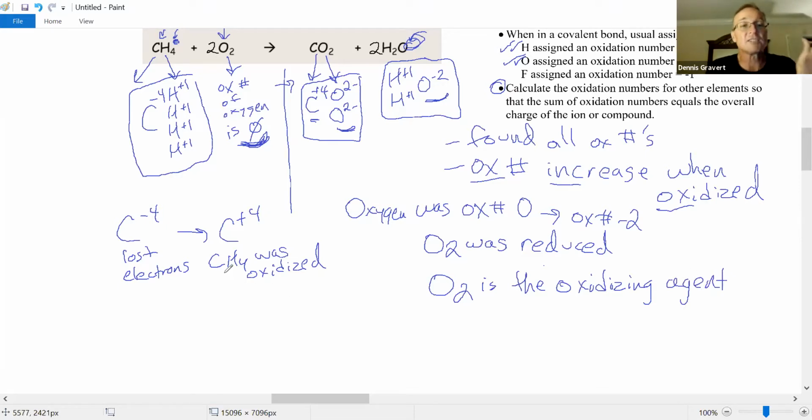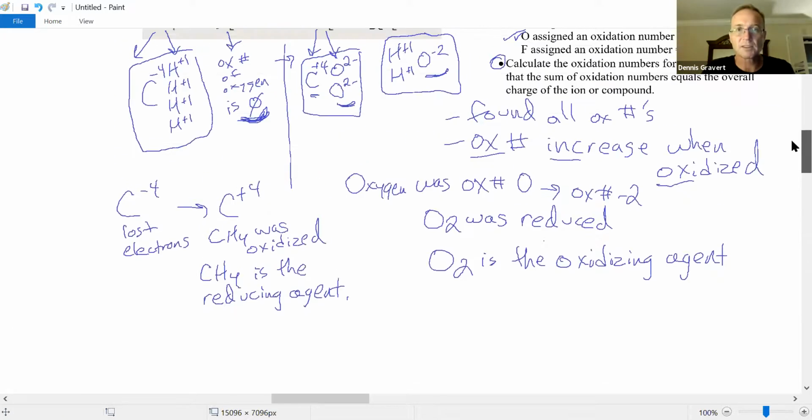Or you could start here. CH4 is being oxidized. It's losing electrons. They're being used to reduce the other compound. CH4 is the reducing agent. So I think that's everything here.